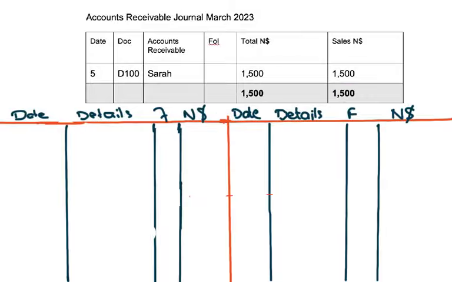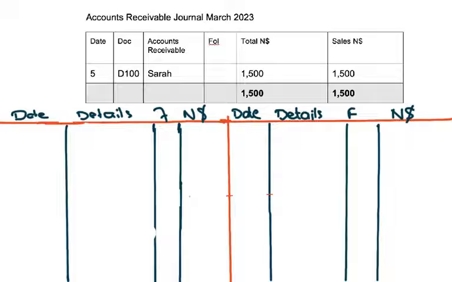So in other words, this journal now must be posted to the general ledger, and we must now follow the double entry system. Let's start to look at the two accounts involved. My first account will be Sarah. You can see Sarah is the accounts receivable, and my second account will be sales.